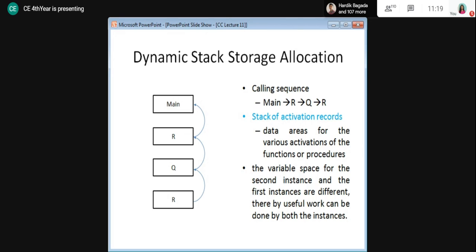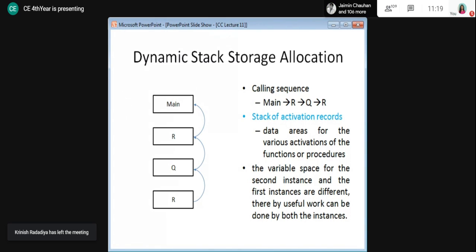So this is how we are defining our calling sequence. These things are maintained in the form of a stack of activation records. We will see what an activation record contains, but as of now let us simply understand that it is the data area for the various activations of functions or procedures.